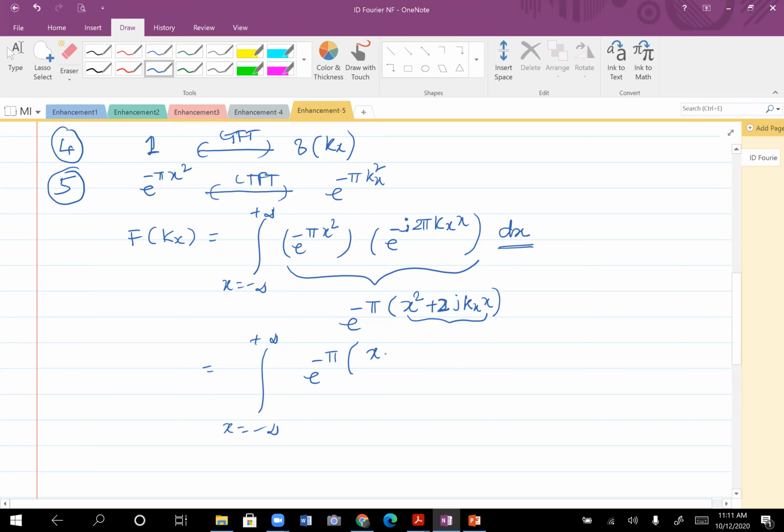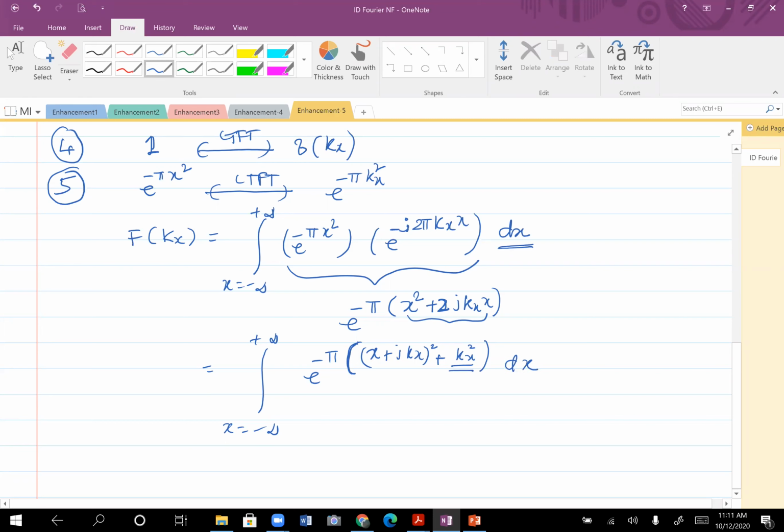So the way I would like to write it is x plus the other term, so that I get a square plus 2ab: (x plus j kx) whole square, minus what? Pi kx square, pi I kept common here. Plus or minus? Minus kx square, right? No sir, plus will come. Yeah, you are right, plus kx square. That's right, because j square is there. Very good. Kx square, integrand with dx.